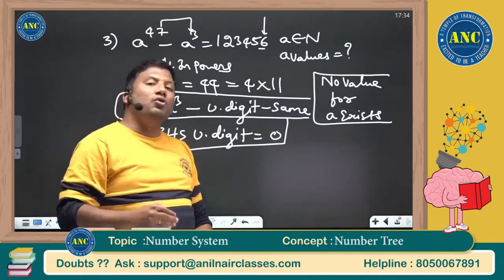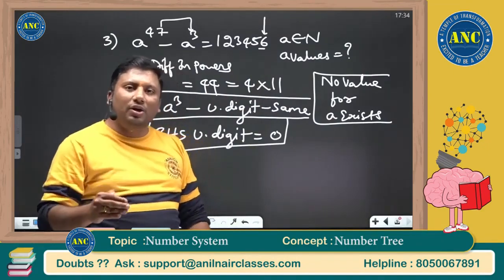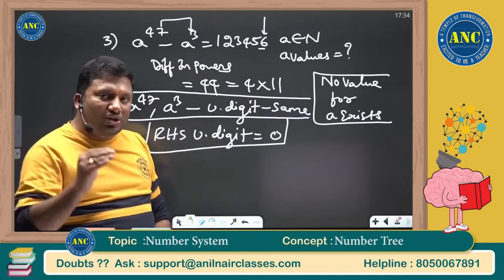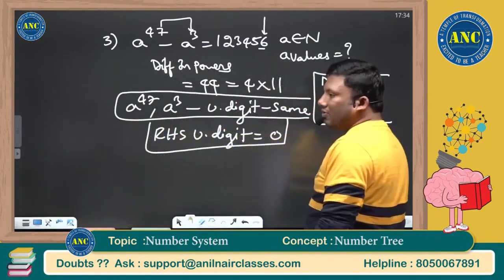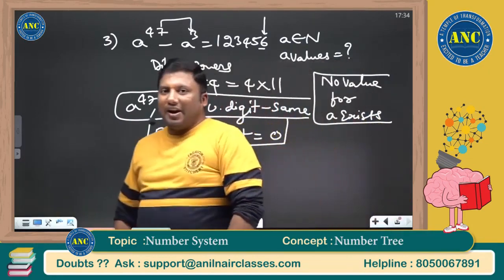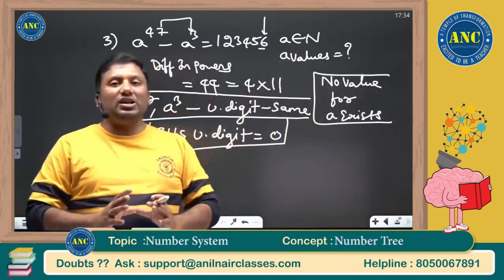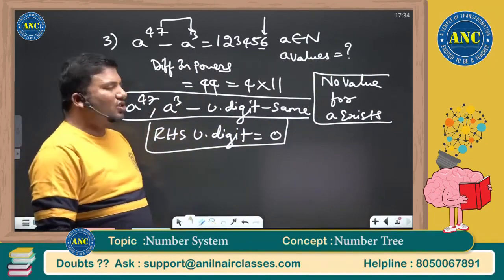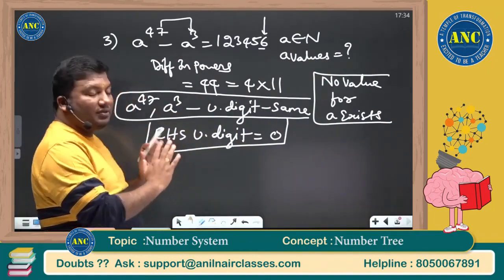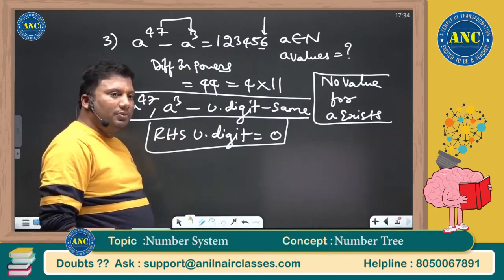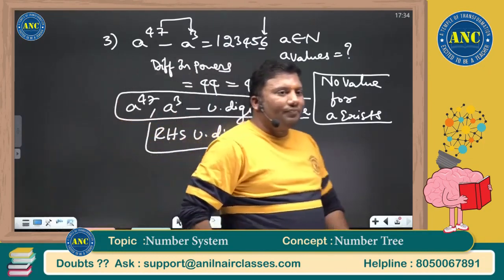The same question I am going to discuss in polynomial equation session number 3 or 4. We will try to optimize the question and find out all the values that will satisfy. That will come under polynomial questions, level 3 problem. The idea is to tell you the importance of the number tree problem. I hope the idea is clear.